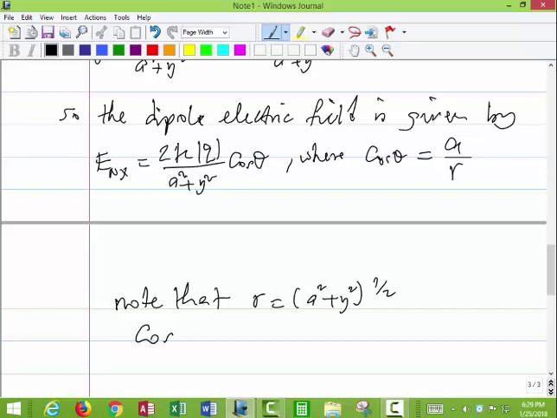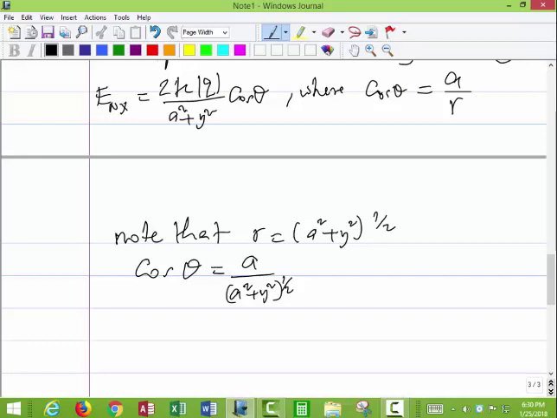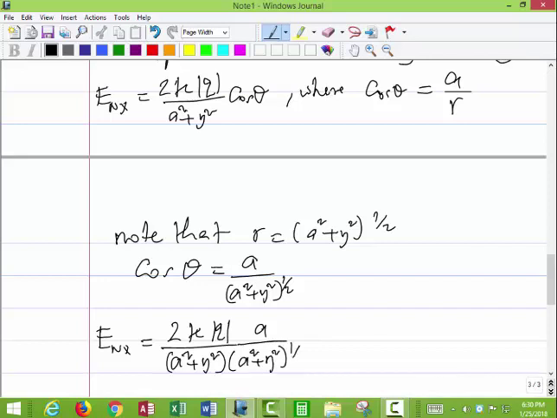Therefore, we can say cosine theta is equal to A over A squared plus Y squared raised to the power half. So if we use that, then we can say the electric field from the dipole is given by 2KQ divided by A squared plus Y squared, multiplied by A divided by A squared plus Y squared to the power half.